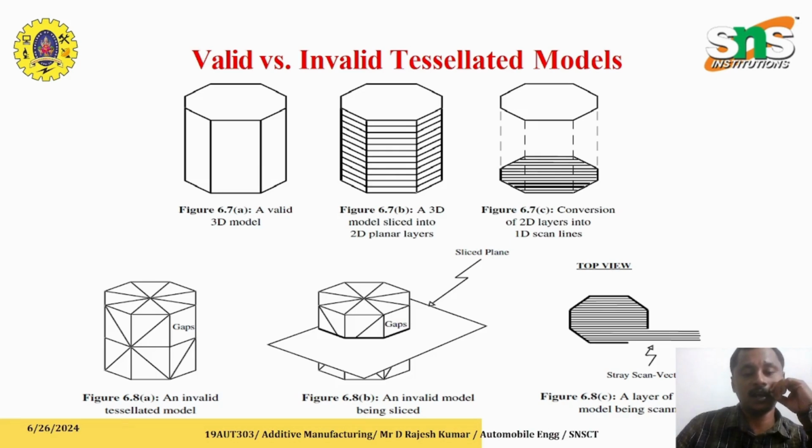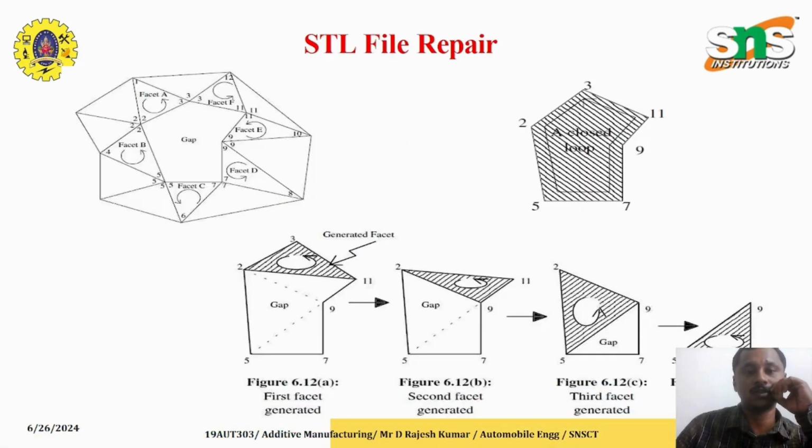The invalid tessellated model is sliced in the second image, and according to the slicing, you can see in the third image that an invalid model is being scanned. So these are some examples of tessellated models.